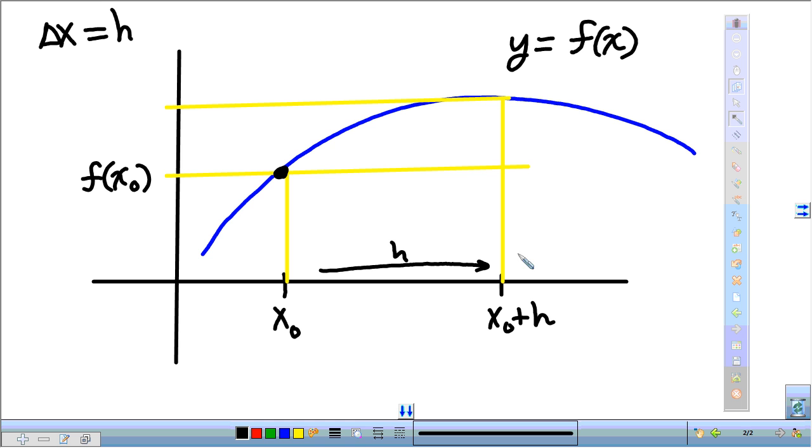We add a change in h, end up at x0 plus h. The new height will be computed as f of the value of x, which at that point is x0 plus h.